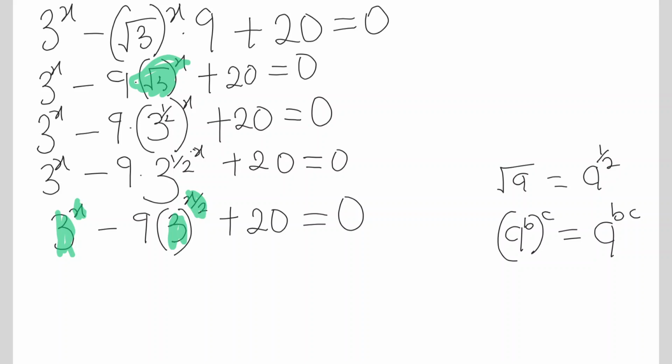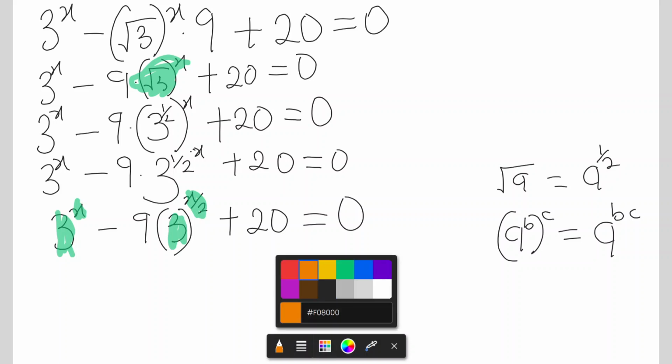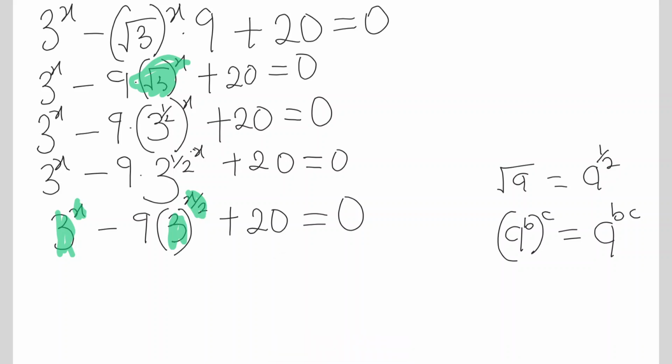So instead of me writing it, which is going to be too complicated like this, I can say, let 3 raised to the power of x over 2, that is this, be equal to u.